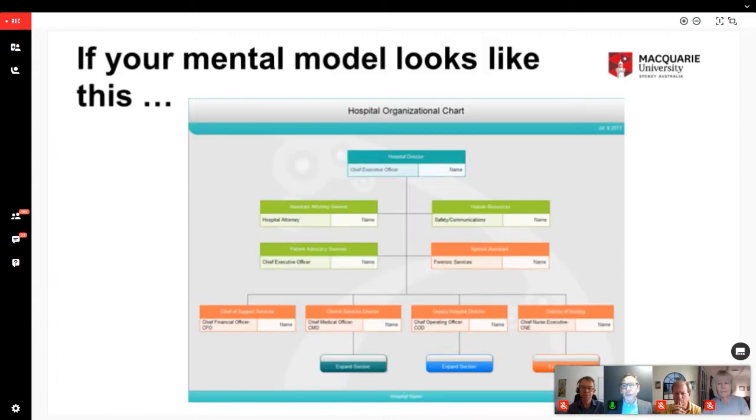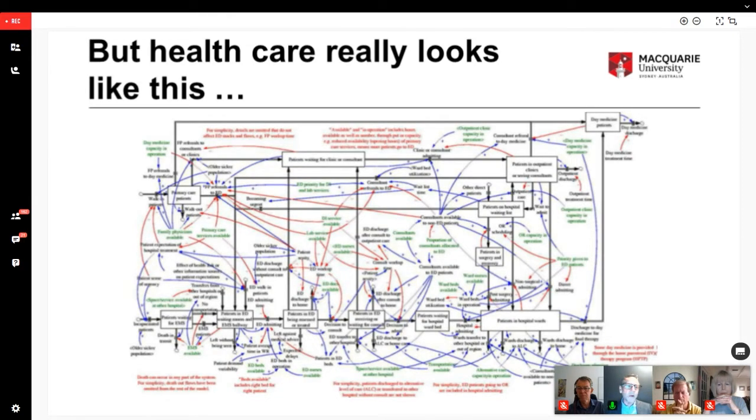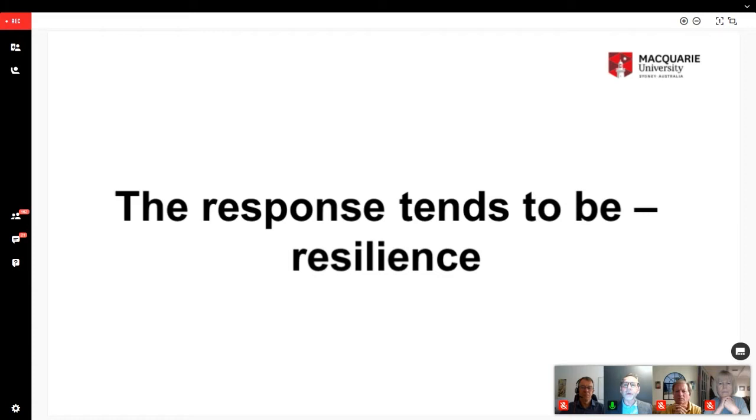So just by way of concluding these introductory remarks, if your mental model looks like this, if you think about healthcare in its structural sense, then you'll tend to think about reliability and consistency in your approach. If, however, like us, you believe healthcare is better described like that, with lots and lots of interactions and lots of resilient practices going on all the time, then that takes you to understanding a response in terms of resilience.